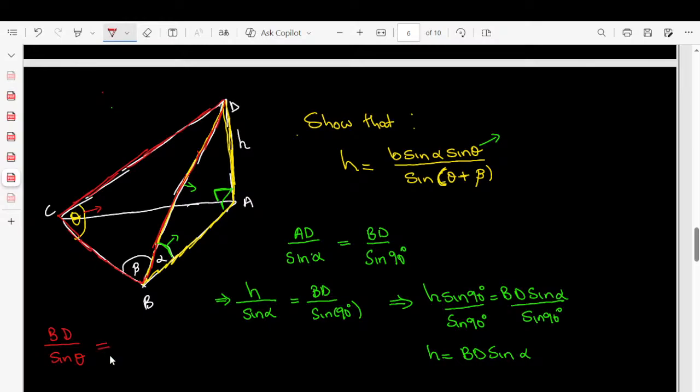It's equal to, and now we missed something. The line BC was given as b. So that's why they want us to prove that this is b times the sine of theta. So that line was given as b.